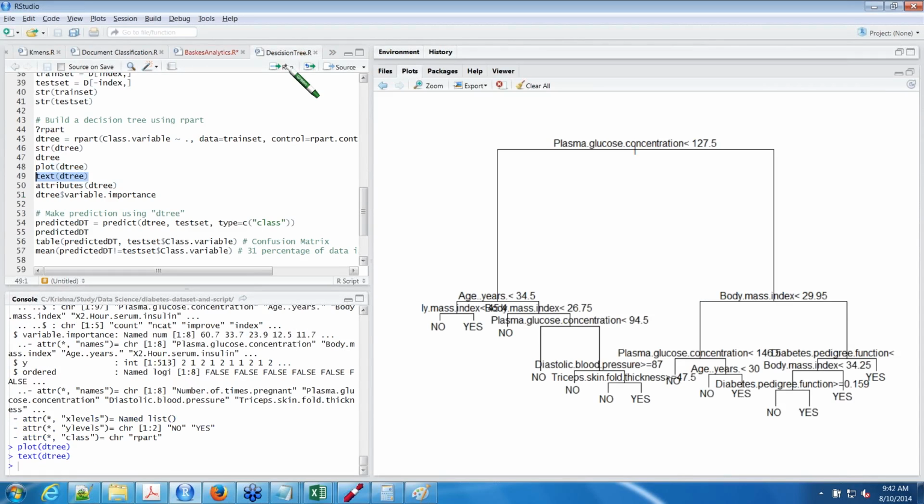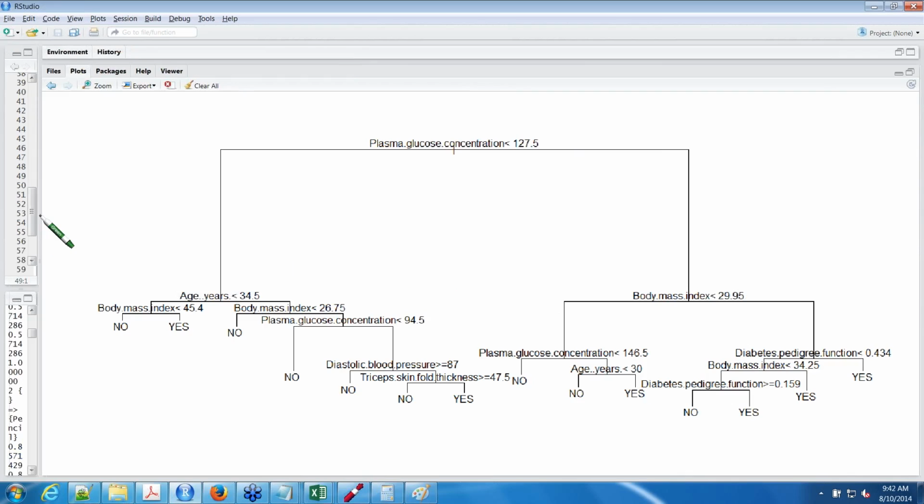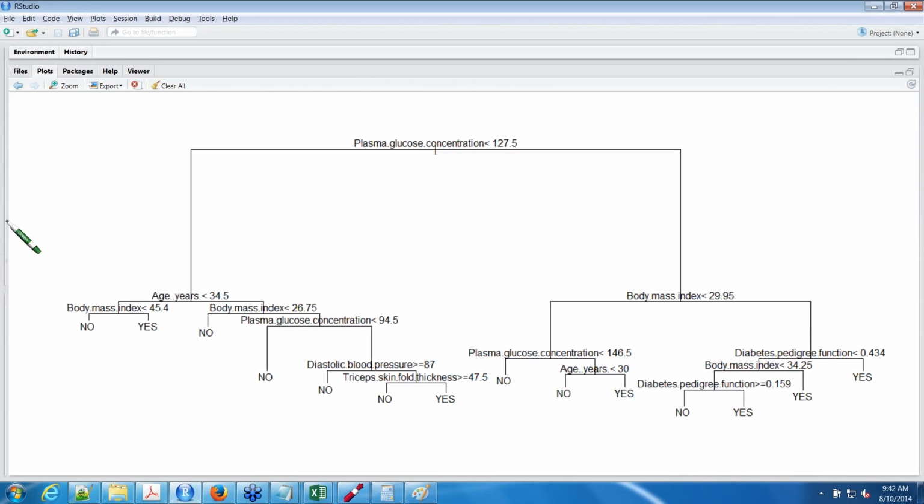What will be plasma glucose? So now if you look at the tree, okay, this is how the tree will look.